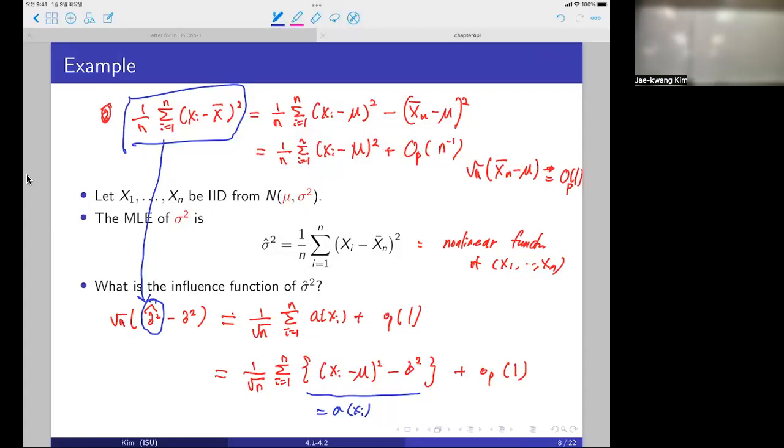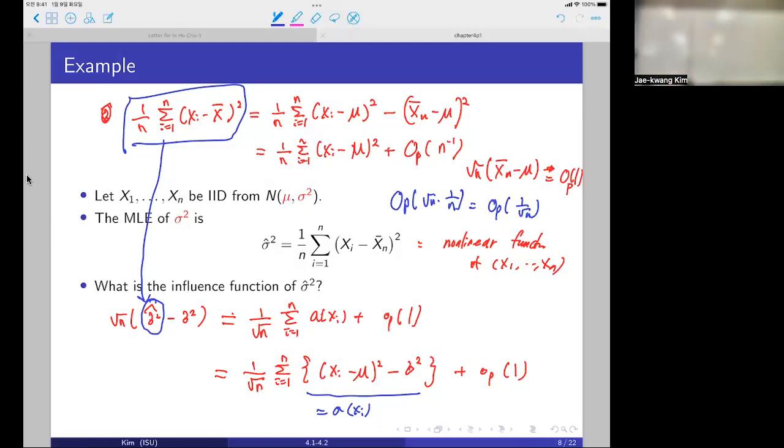Okay, that's a good question. On both sides, we take root n, so root n here, root n here. Then you have something O_P times root n times 1 over n, so that is actually 1 over root n.